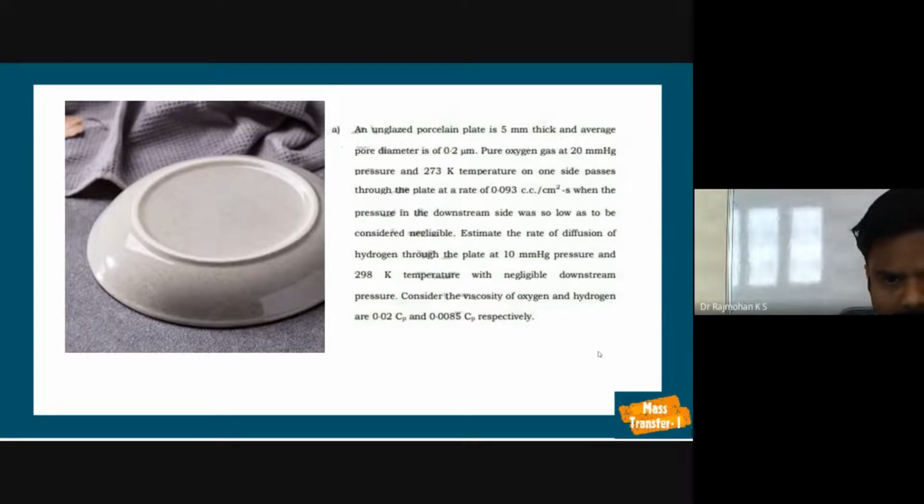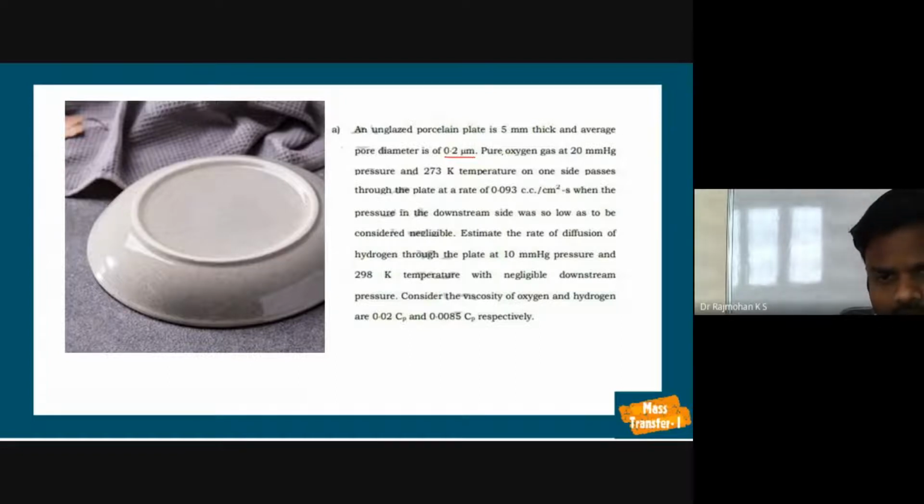An unglazed porcelain plate is 5 mm thick and is having an average pore diameter of 0.2 micrometers.